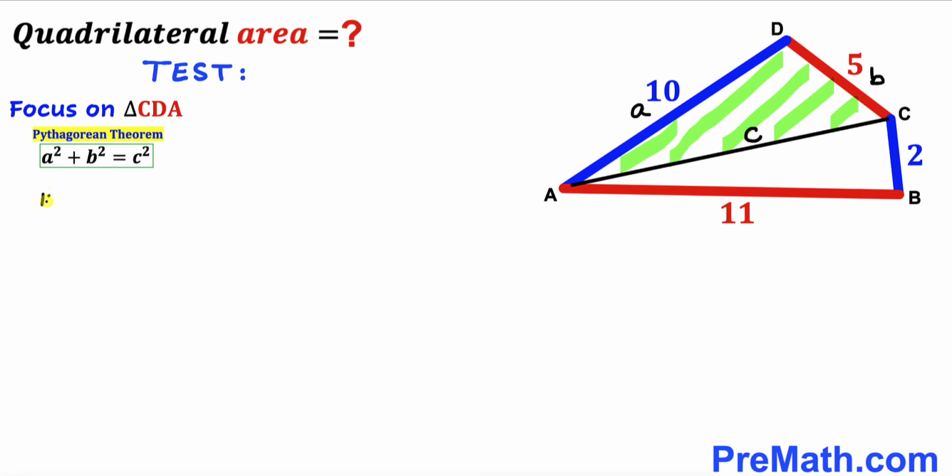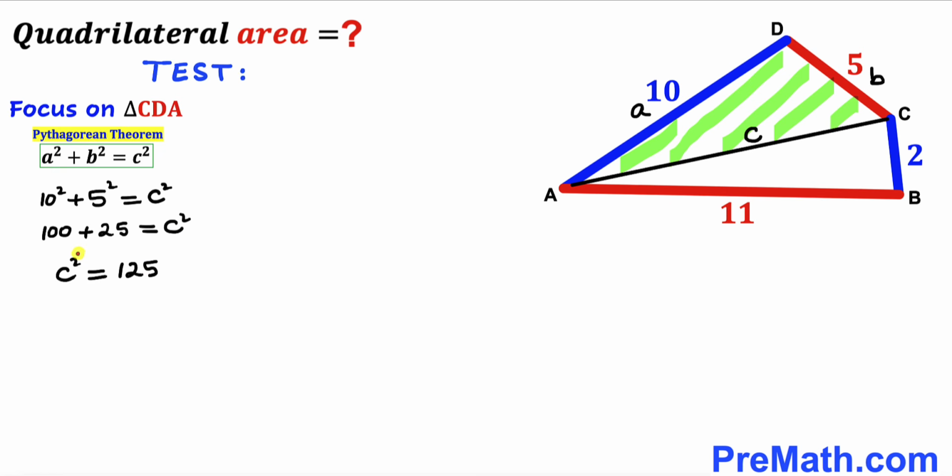Let's go ahead and fill in the blanks. So we got 10 square plus 5 square is going to be equal to c square. Let's simplify. That is going to give us 100 plus 25 equal to c square. So c square is going to be equal to 125.